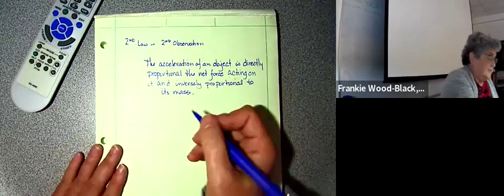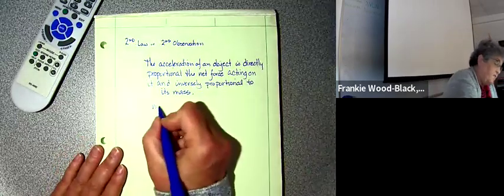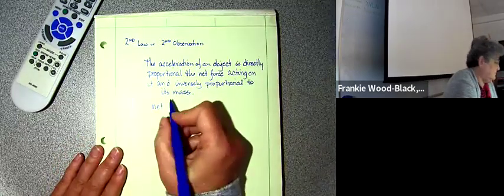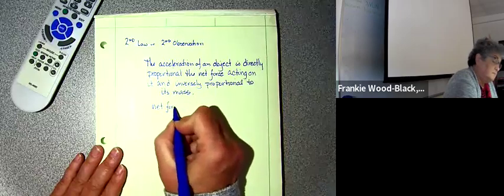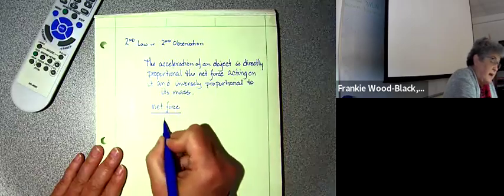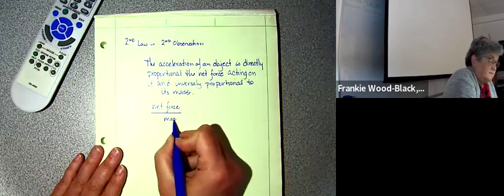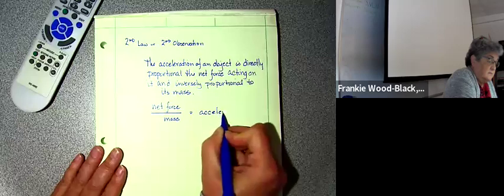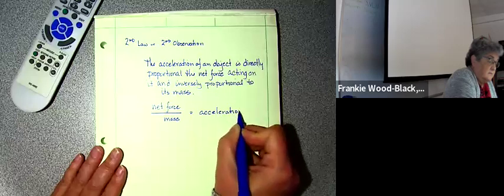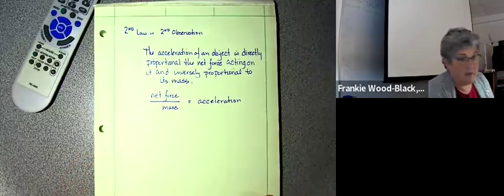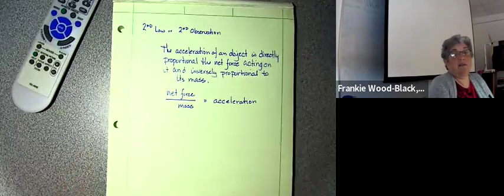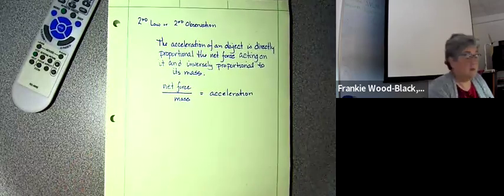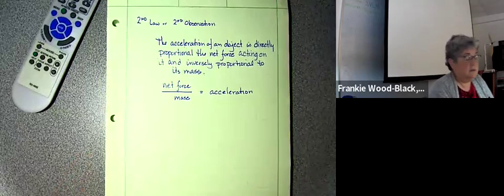Which basically says that the net force divided by the mass is equal to acceleration. That's basically what it's telling us. That's not really Newton's second law.